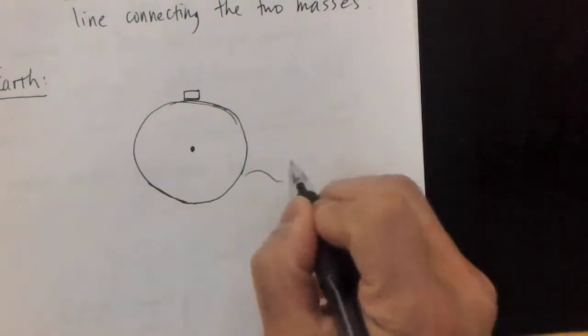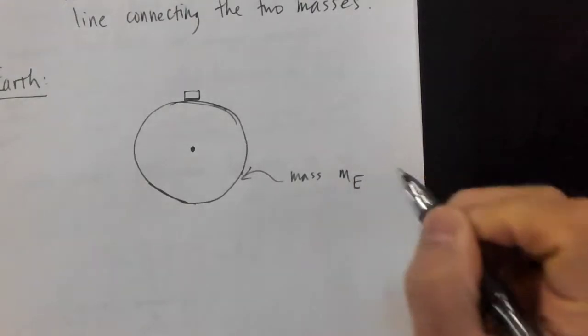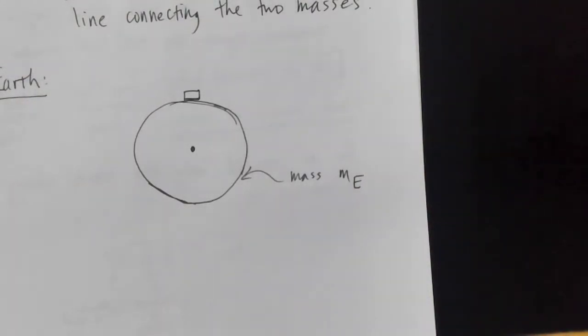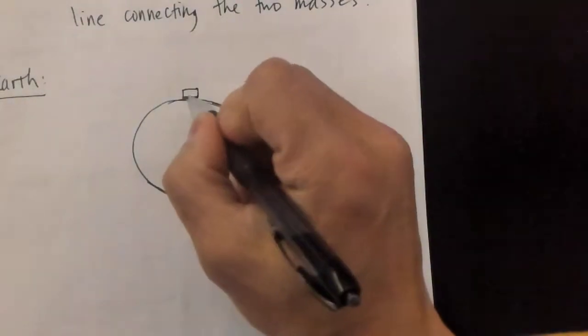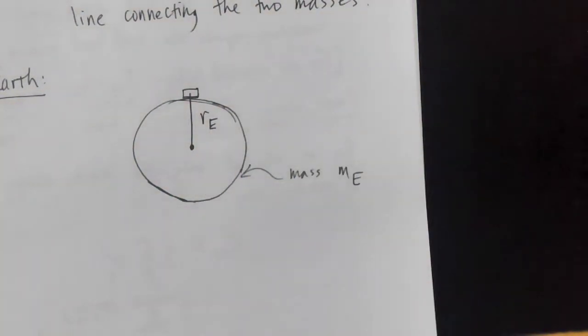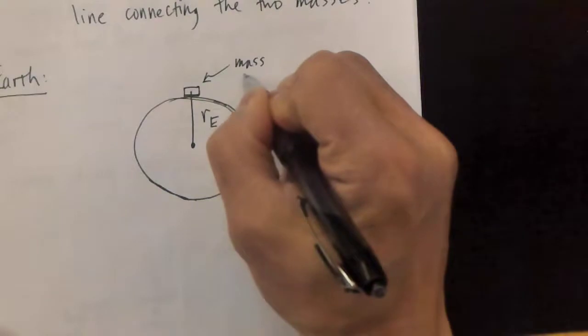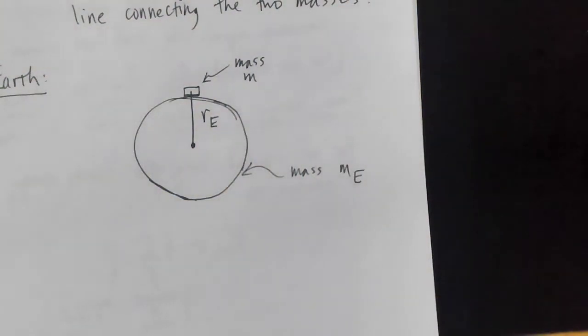And the Earth has a mass, let's just call it ME for Earth. And let's say the radius of Earth will be this distance, RE. And let's say this mass is M, plain old M. So it's sitting somewhere on the surface of the Earth.